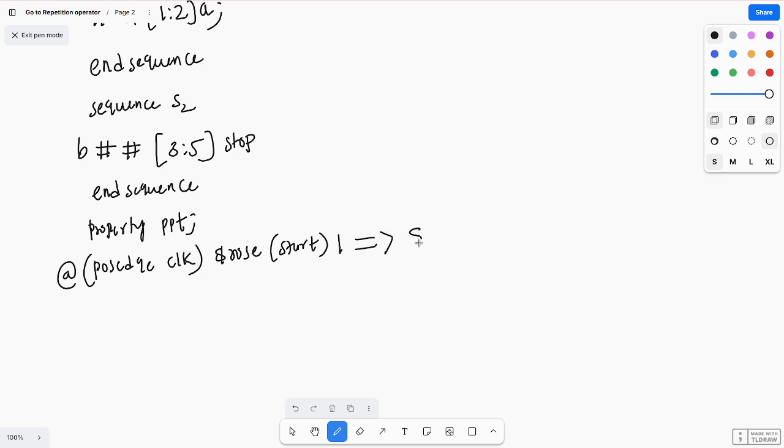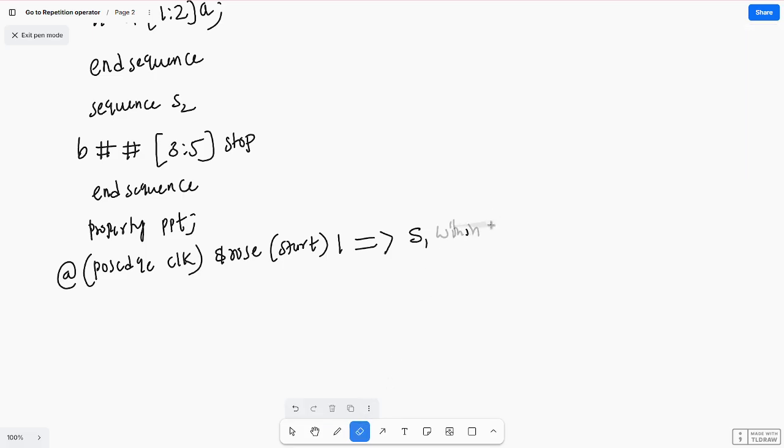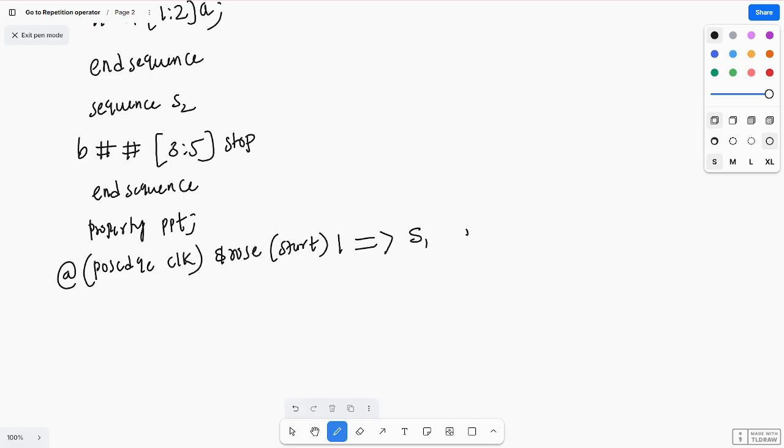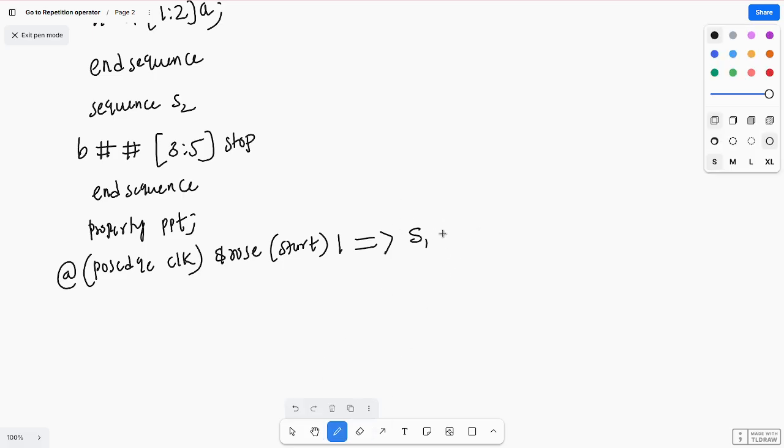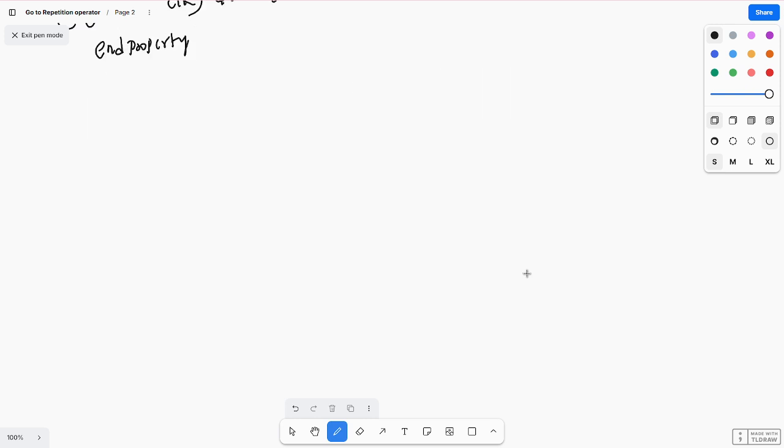How to write it: s1 within s2. End property. Here we'll try to understand with one example.